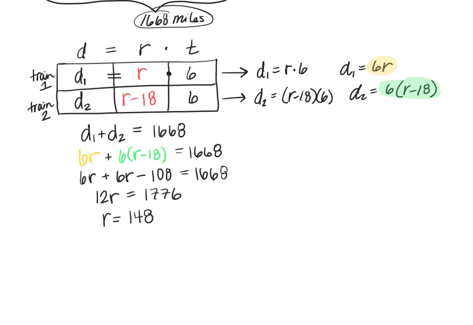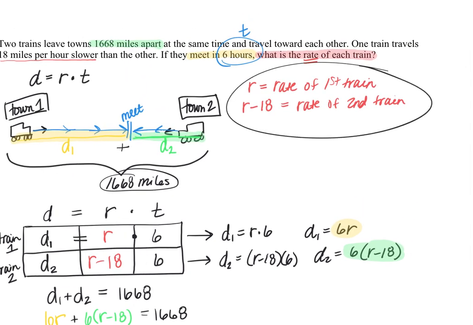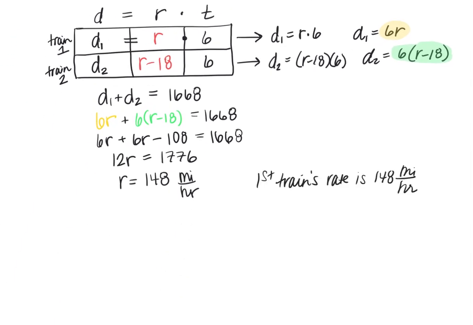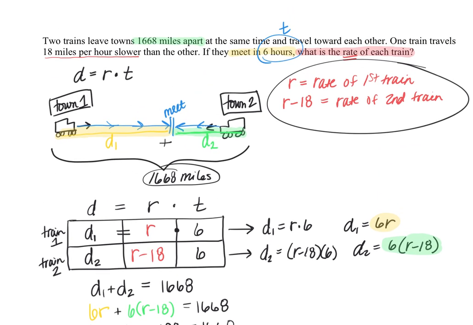Now think about your variable key. R was a rate, in this case a speed, so this would be 148 miles per hour. Now that's going to be the rate of the first train because again, looking at our variable key up here, R was the rate of the first train. Now the problem asks for the rates of both of the trains. So again, looking back at your variable key, we said that R minus 18 was the rate of the second train.